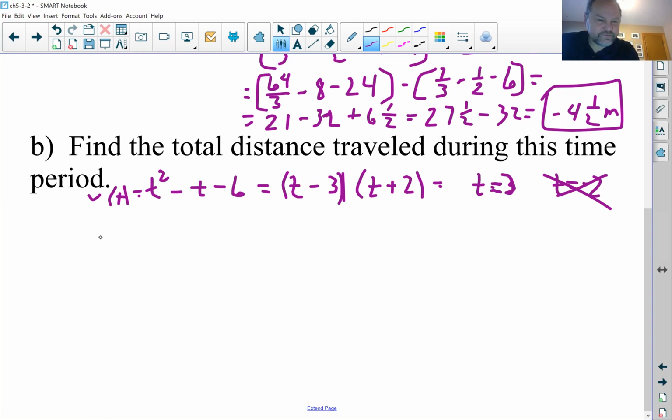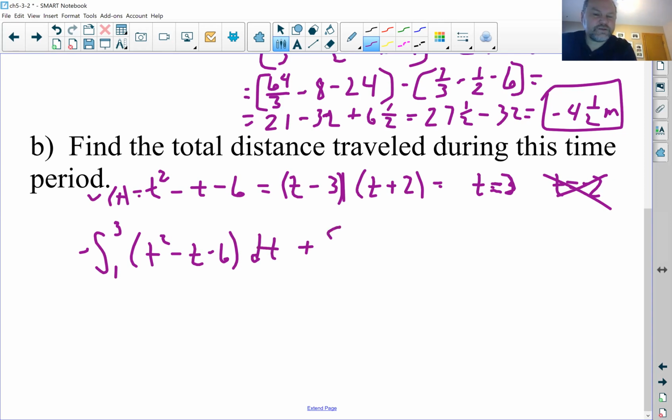Because it's negative, we're going to take the integral from 1 to 3. Again, my answer there is going to be negative distance. So I'm going to take the opposite of that, plus the positive distance, the integral from 3 to 4.